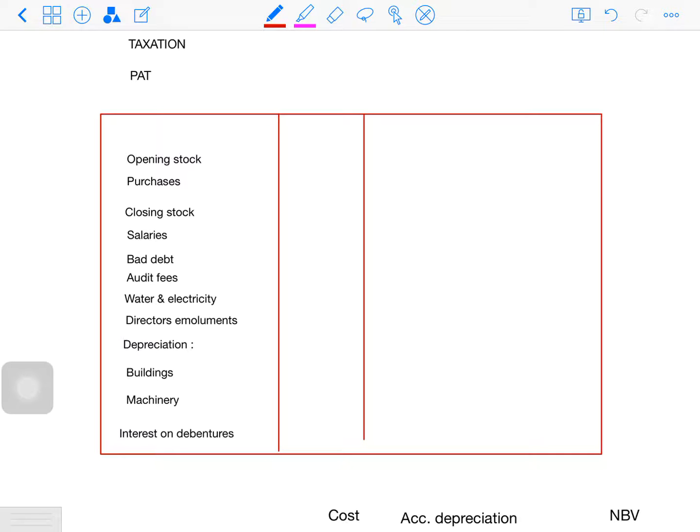In this table, you categorize the expenses into these types.